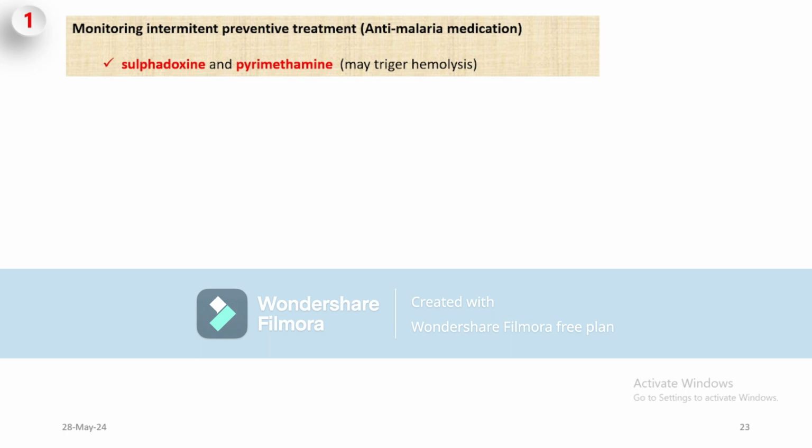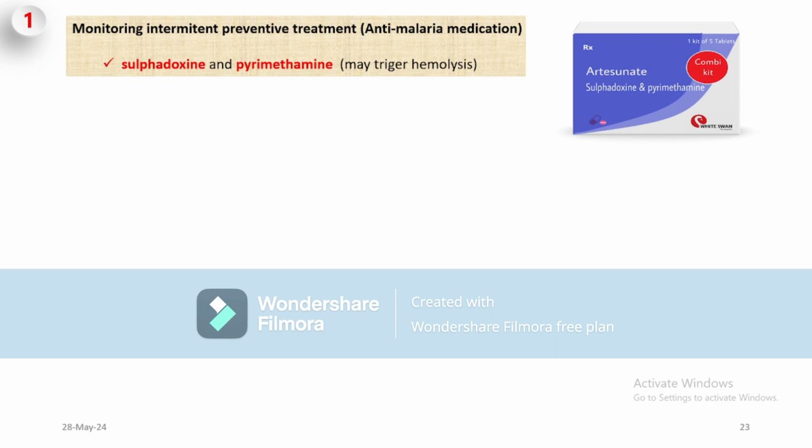The common ones that they give them is a sulfadoxine and pyrimethamine tablet, just to prevent malaria in cases of pregnancy. So if you're a G6PD deficient pregnant woman, it is never advisable to take sulfadoxine and pyrimethamine tablet, because these drugs can cause hemolysis.